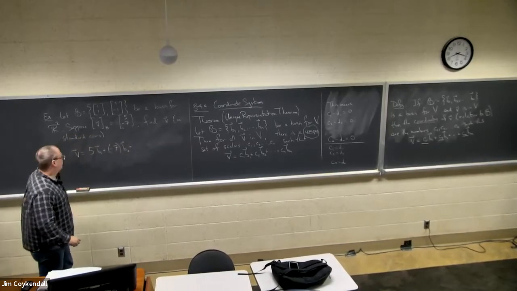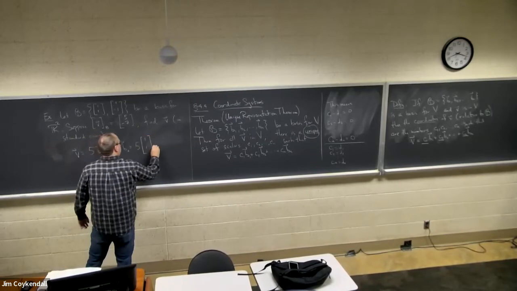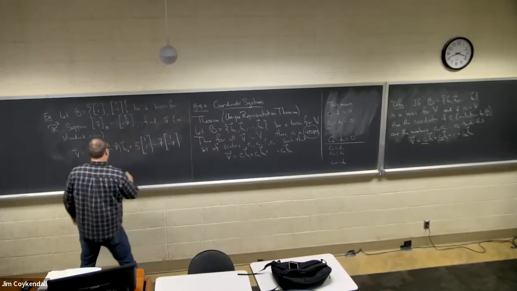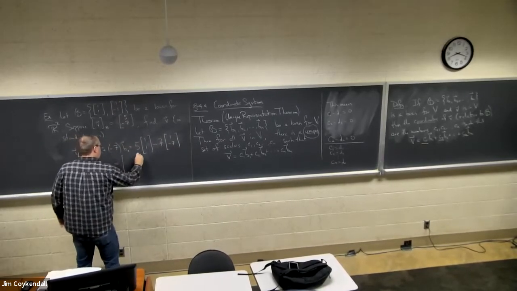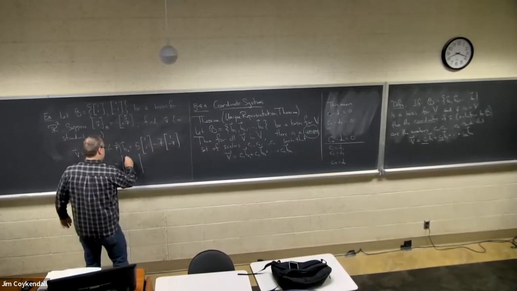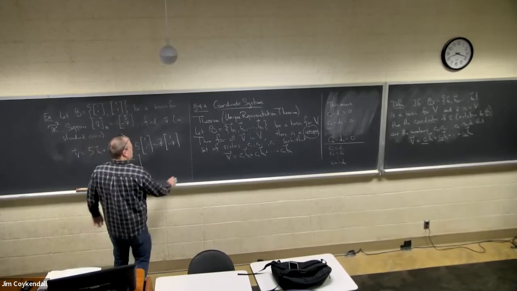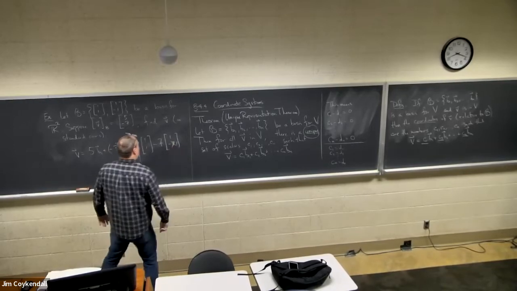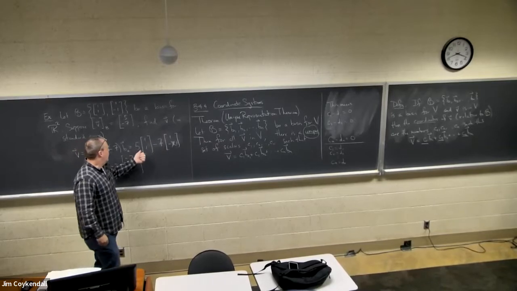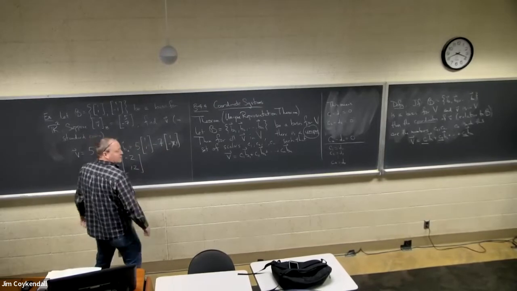So in our situation here, what is this? 5 minus 7 is -2, and 5 plus 7 is 12.